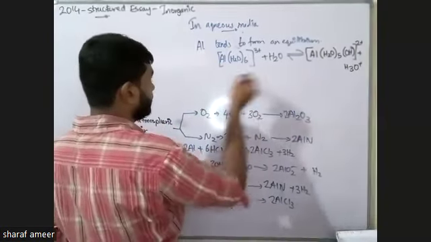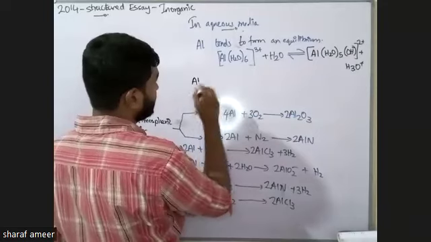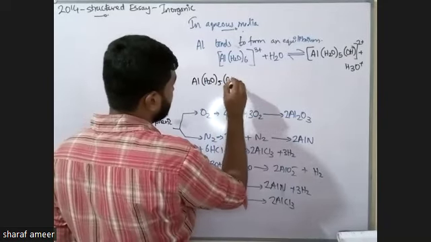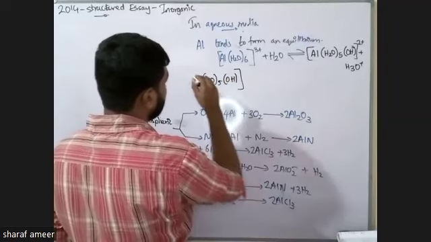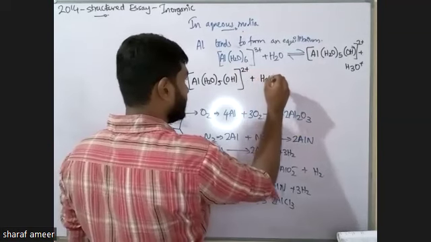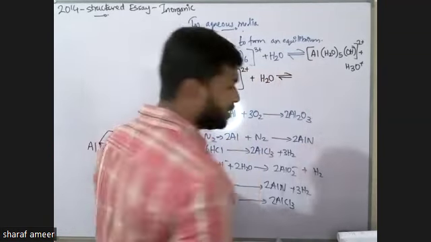So therefore, aluminium H2O 5 times OH 2 plus will again undergo dissociation with water, right?